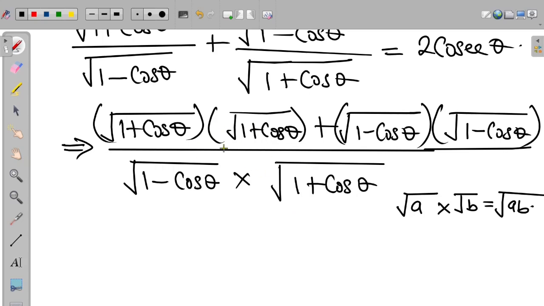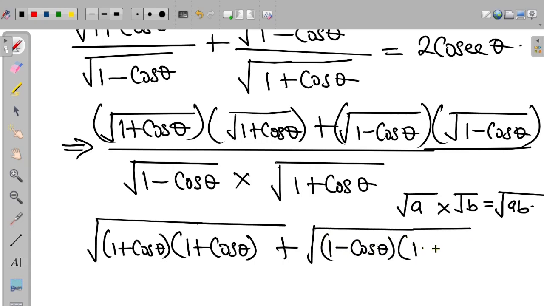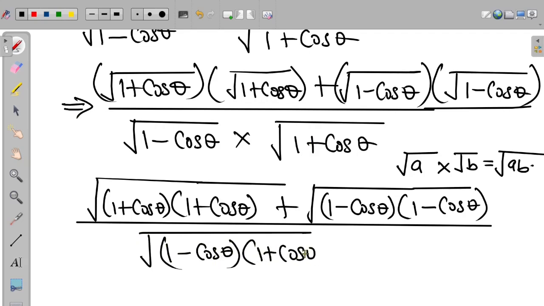So therefore, from the numerator, this becomes root of (1 plus cos theta multiplied by 1 plus cos theta), plus also root of (1 minus cos theta multiplied by 1 minus cos theta), and then divide by the denominator, which becomes root of (1 minus cos theta multiplied by 1 plus cos theta).